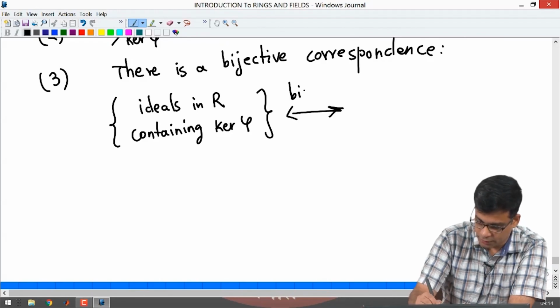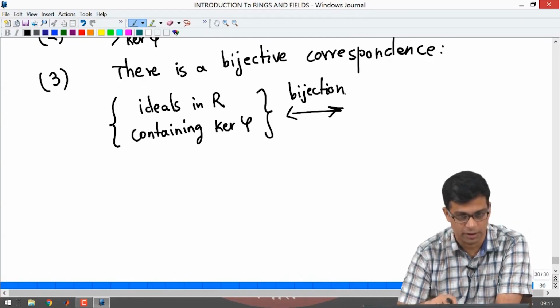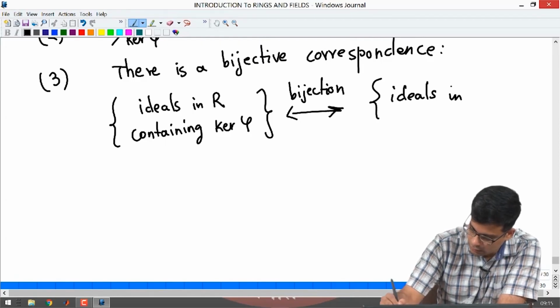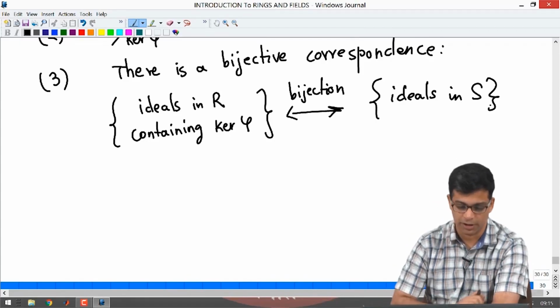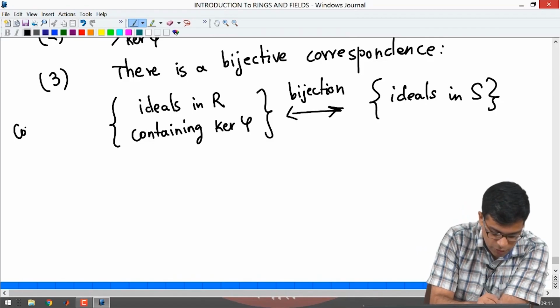So, this is a bijection. On the one hand you have ideals in R that contain the kernel, and on the other hand you have ideals of S. So, you have the bijective correspondence. This is called the correspondence theorem.